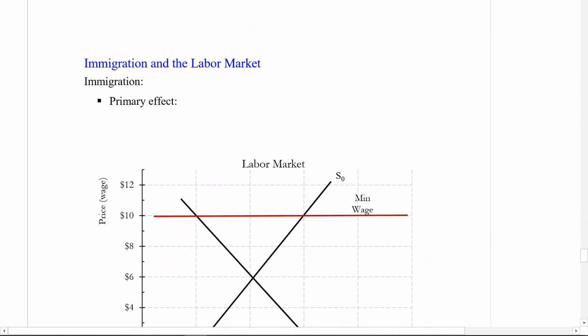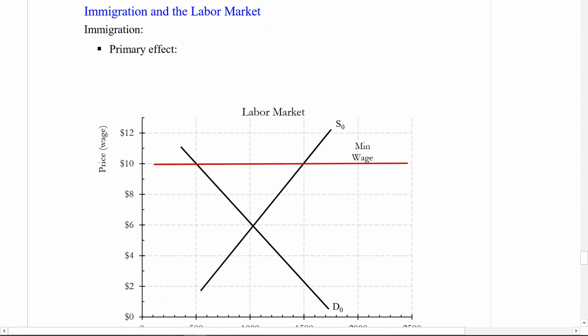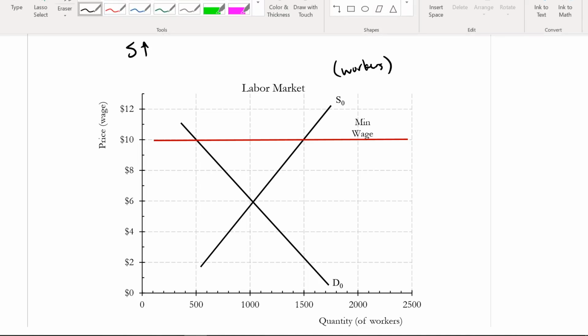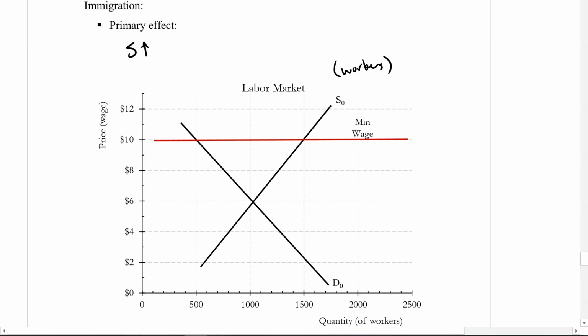Okay, and then finally, to round out the video and the whole series on supply and demand, we're going to end by talking about immigration. So immigration in the labor market, the primary effect of incoming immigration is going to be an increase in supply, right? You have more people, the supply is made up of the workers, so we have an increase in the number of workers.